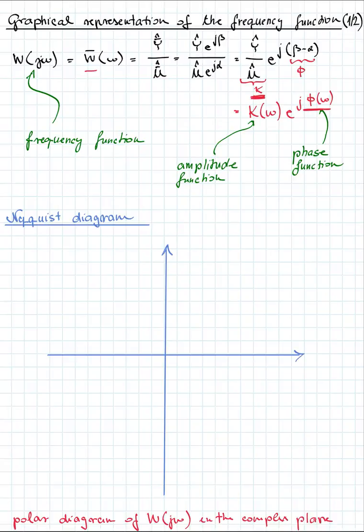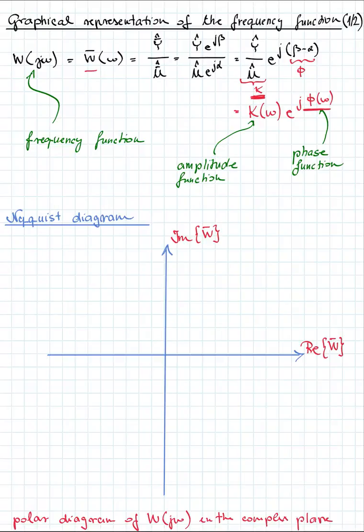This is the complex plane which I draw, and this is the real axis, the imaginary axis. But what? The real value of W bar, the complex function, and the imaginary part of W bar. How to get it?